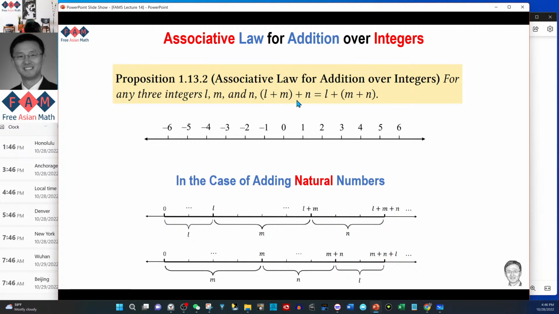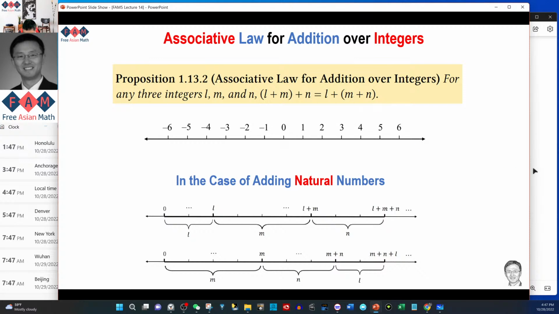It's very important to understand that in the original expression, the second addition operation is not between M and N. The second addition here is between the result of L plus M and N. But now with the associative law, we can say we want to force an addition operation between the second and third first.